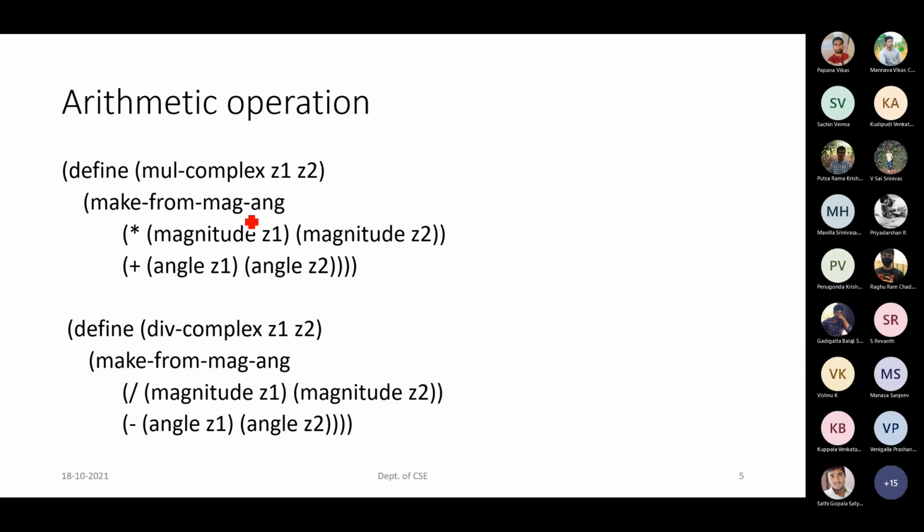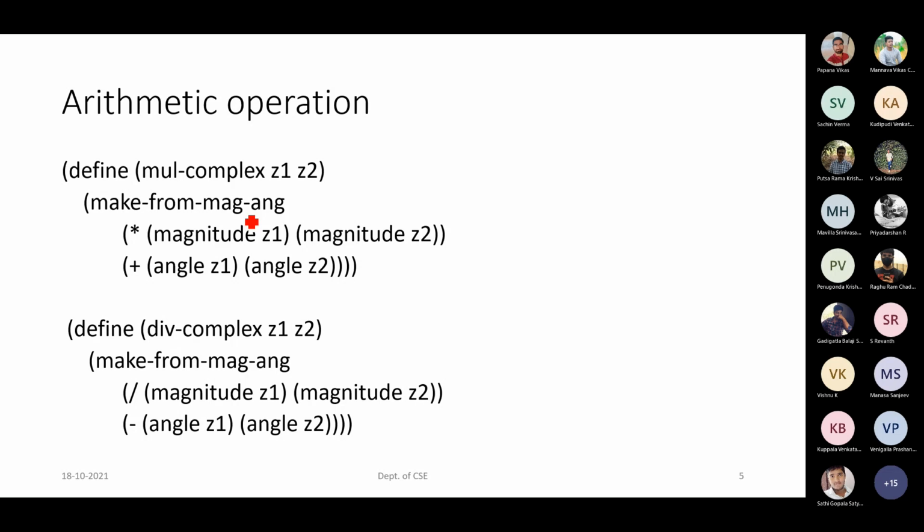The imaginary part value will be x1 y2 plus x2 y1. So instead of that big formula, in this simple way, by applying one multiplication and one addition, you can easily get the multiplication result. But if it is in the rectangular form, you have to use the formula and convert it to the polar form.